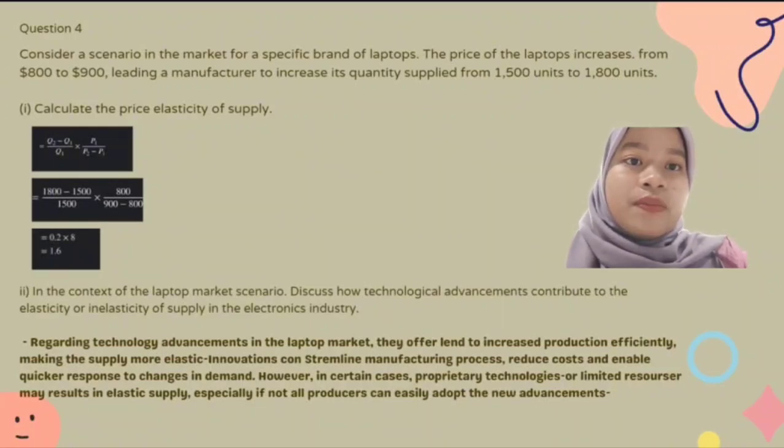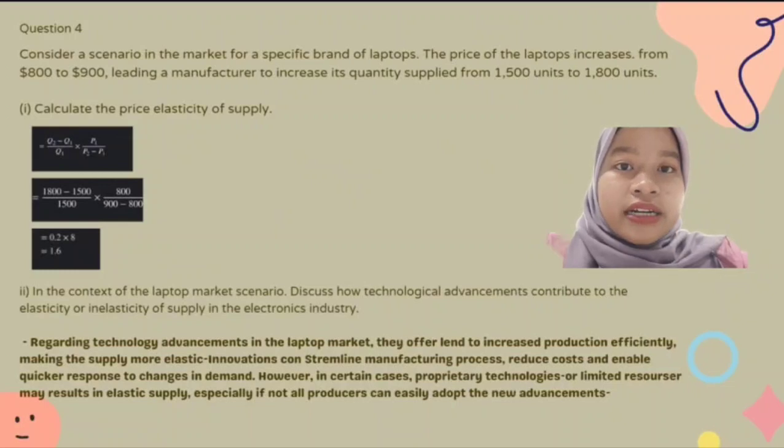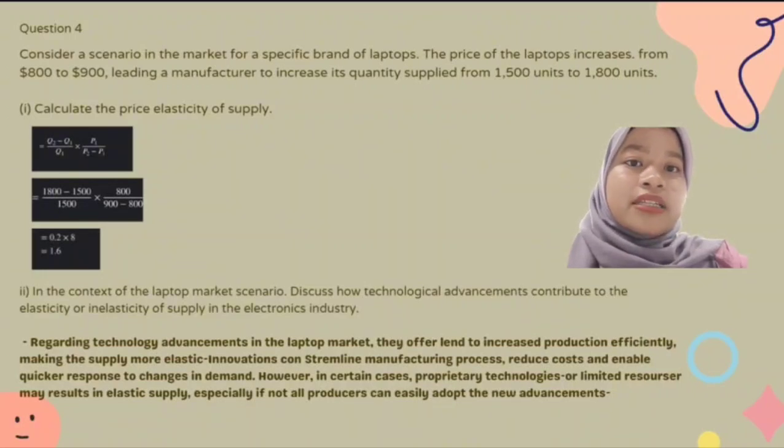Innovation can streamline manufacturing processes, reduce costs, and enable quicker responses to changes in demand. However, in certain cases, proprietary technology or limited resources may result in inelastic supply, especially if not all production can easily adapt to the new advancement.